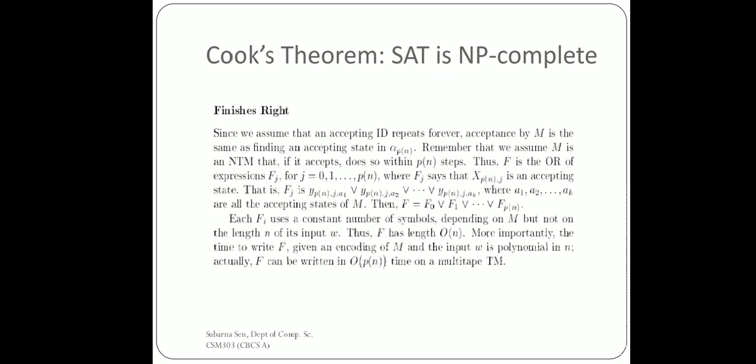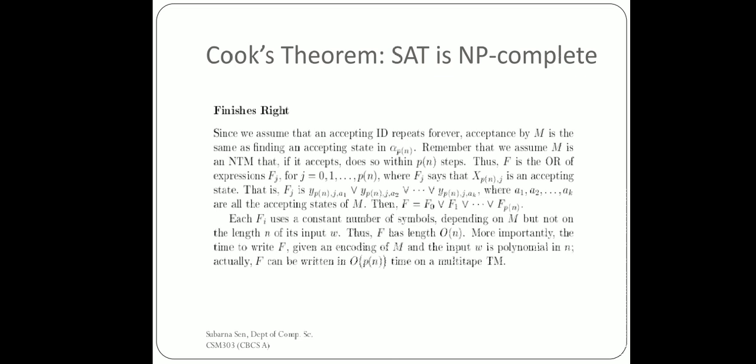That means if alpha pn is any acceptance state, then whatever the finish means, if we can pick up any one of those IDs containing alpha of pn, then my finish right will work correctly.